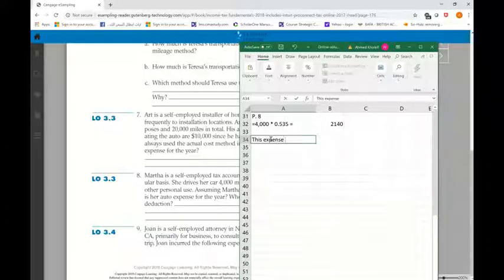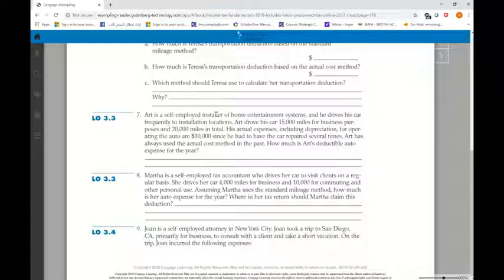This expense should be deducted on Schedule C. Okay, and this is mainly the information about transportation cost.